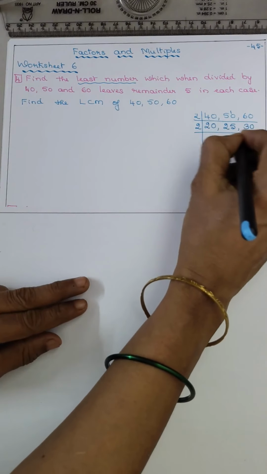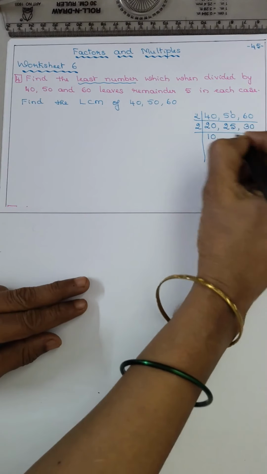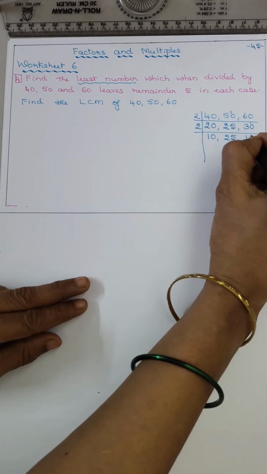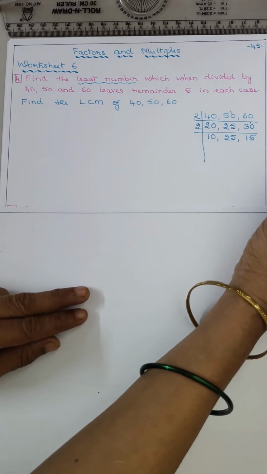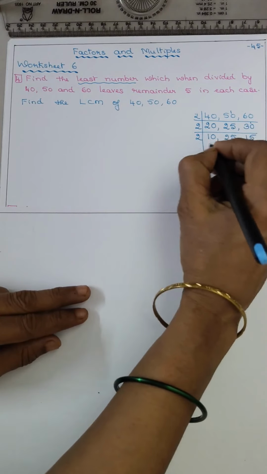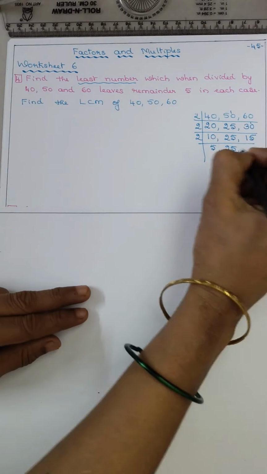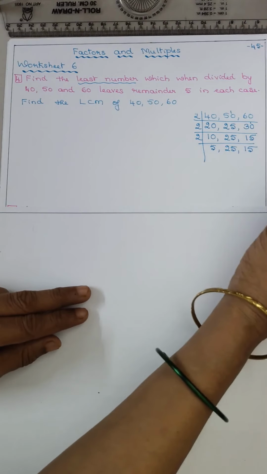Now 2, 10s are 20, 25 as it is. 1 and 5s are 10. Now again 2, 5s are 10, 25 as it is. Now 15 as it is.